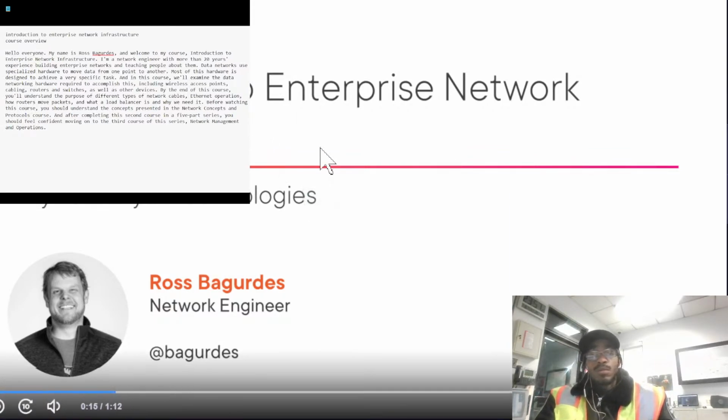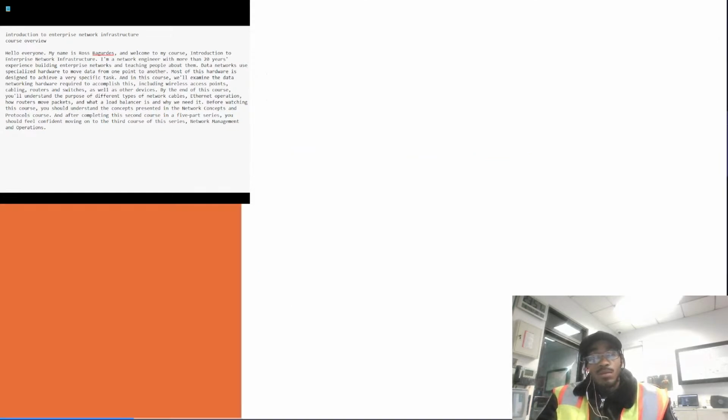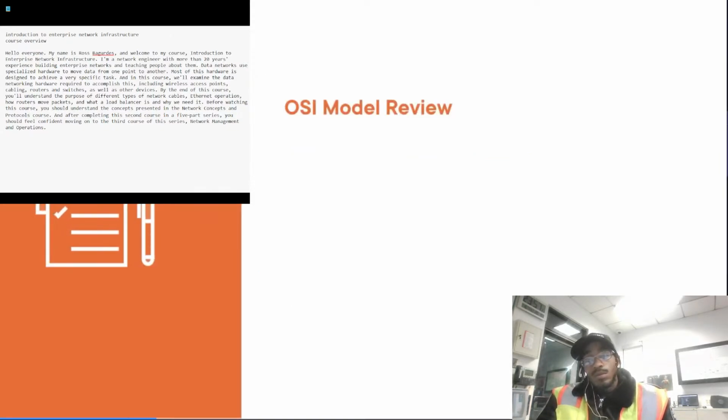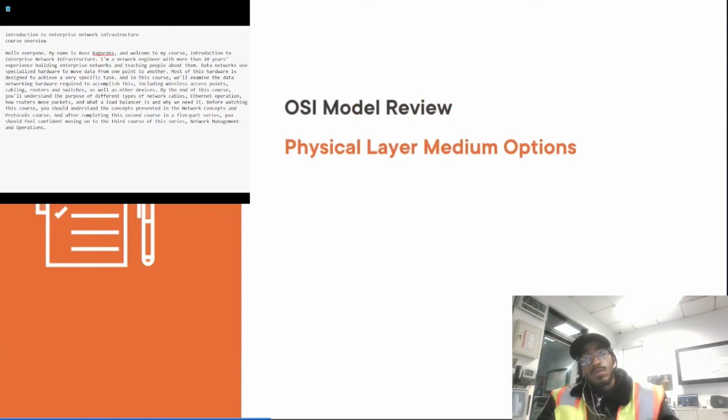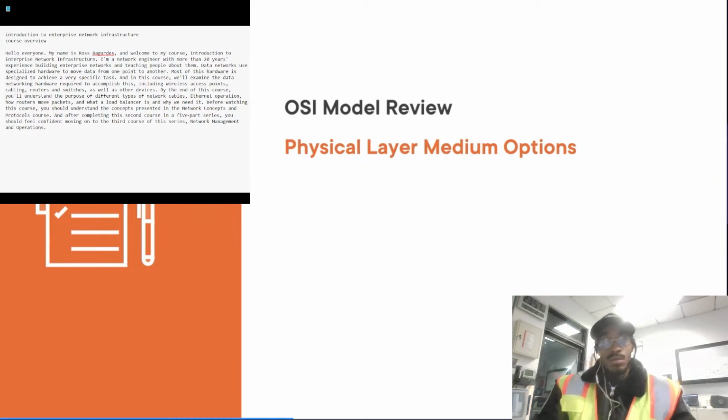We're going to talk about physical layer technologies. Our goals for this module are first to do a review of the OSI model so we understand where the physical layer is in relation to the other layers. Next, we're going to talk about physical layer medium options. The medium here is the stuff we use in order to send our signal.